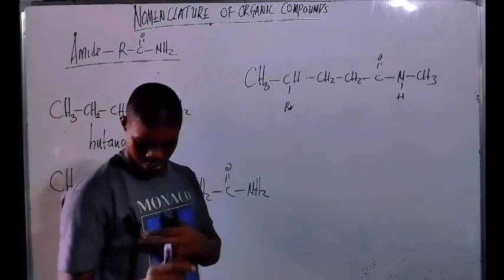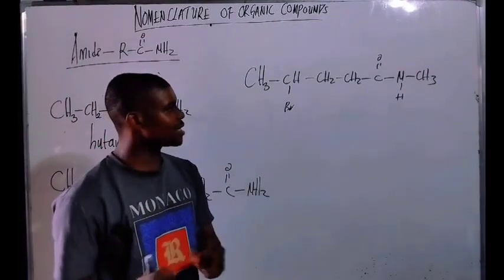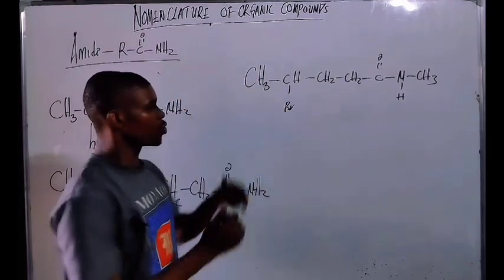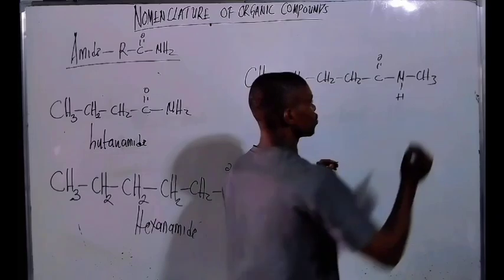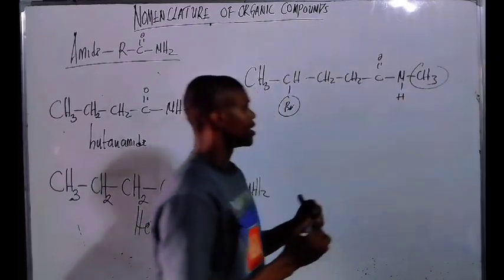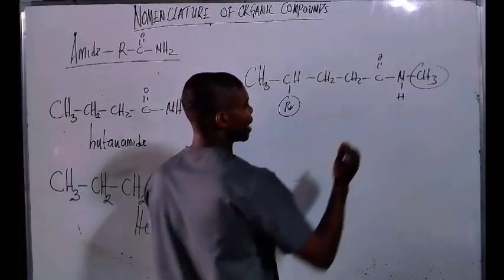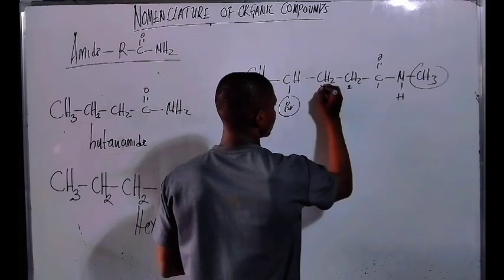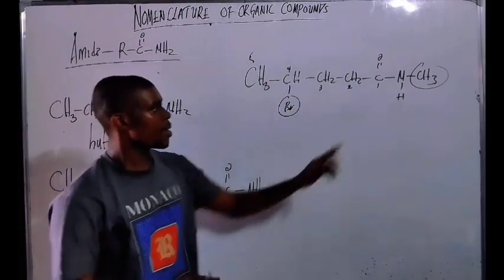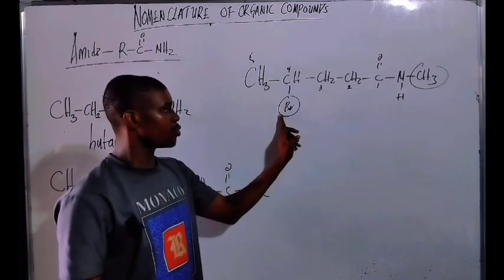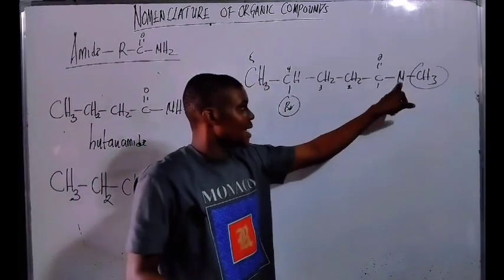One of the substituents is attached to the parent chain, which is bromo. Now one is not attached to the parent chain, it's attached to the nitrogen. Remember here I have my carbon 1, 2, 3, 4, and 5. At carbon number 4, I have a bromo, but the methyl is attached to nitrogen, right?